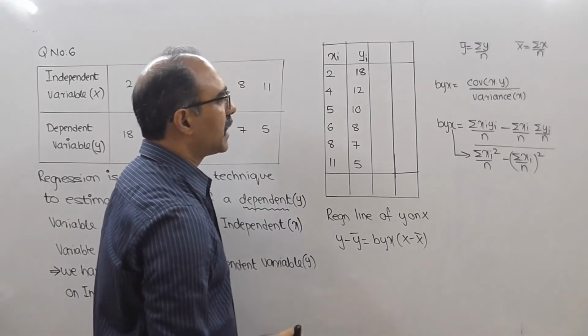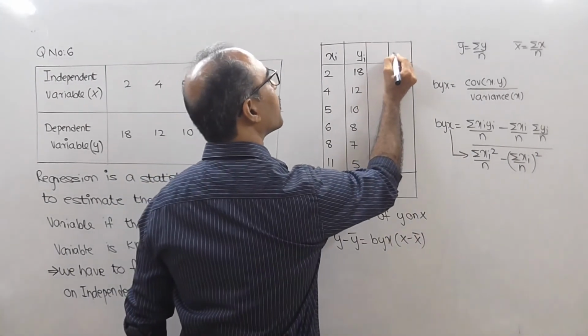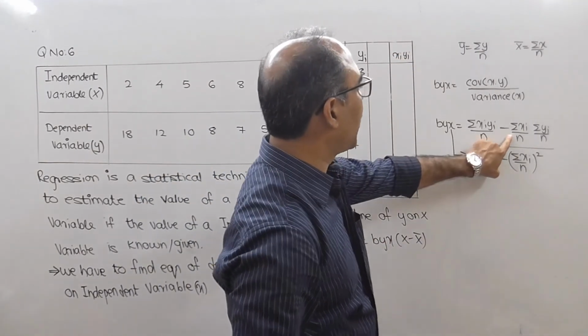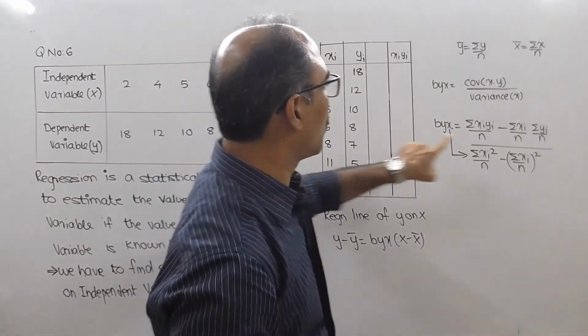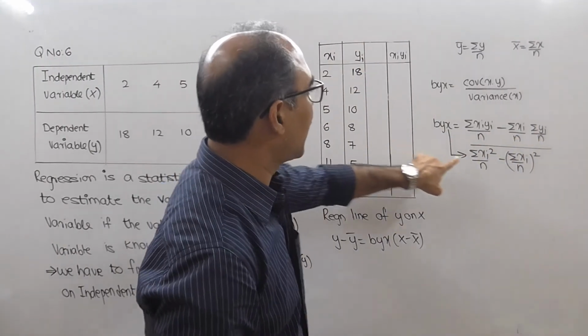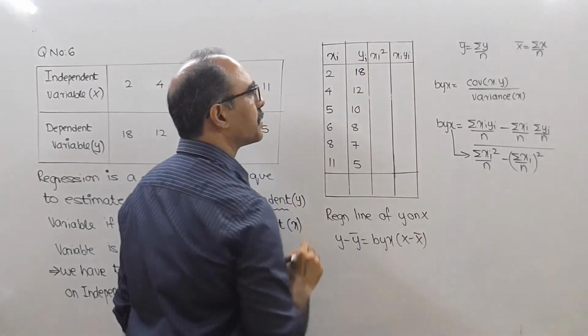So what are the columns that I need to make? I think I need to make a column for xi yi. Sigma xi means total of xi column. Sigma yi means total of yi column. And I need sigma xi square. So I will make a column here, xi square.